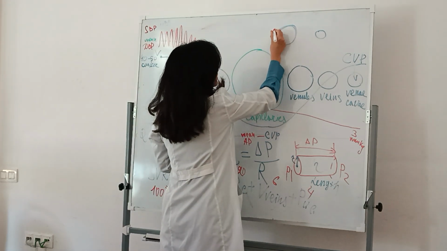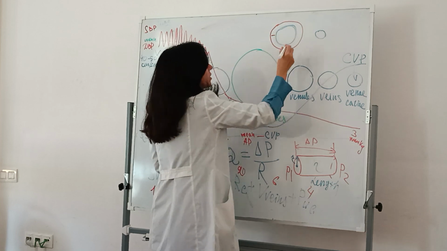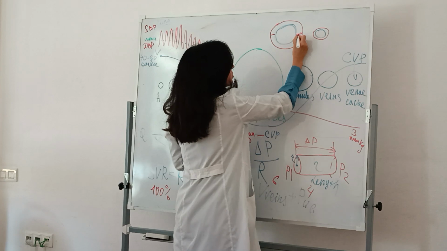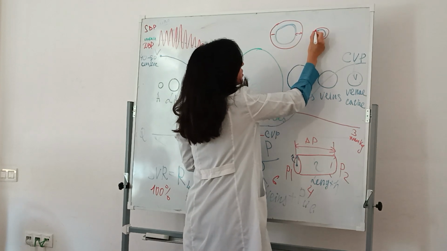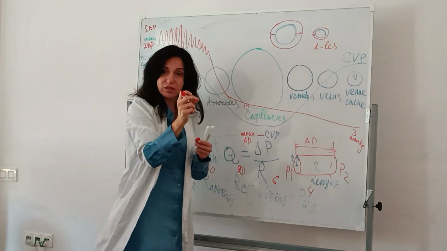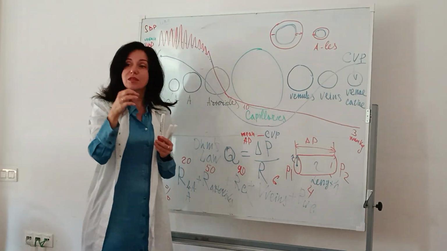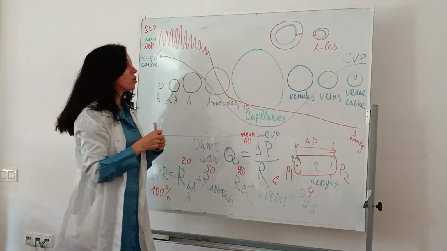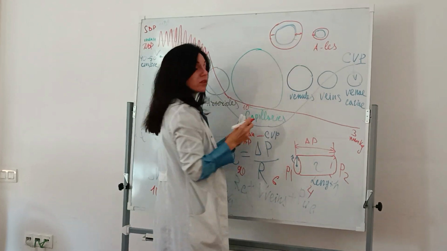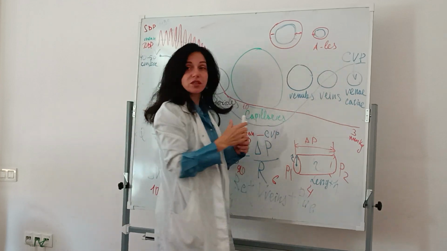Tunica media thickness in large arteries is bigger than in small arterioles. Absolutely, arterioles have a thinner layer, but the diameter of arterioles is small. So the ratio between thickness and total diameter is more for arterioles.